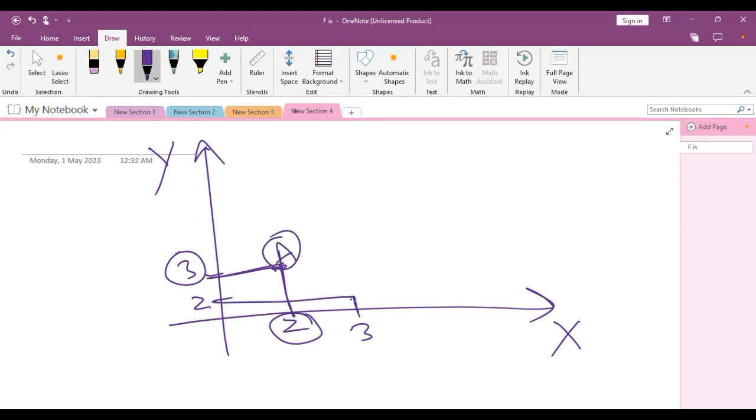You can say this is point A and this point is B. Now, if the consumer still wants to increase the units of Y, then he will move from this point to this point.